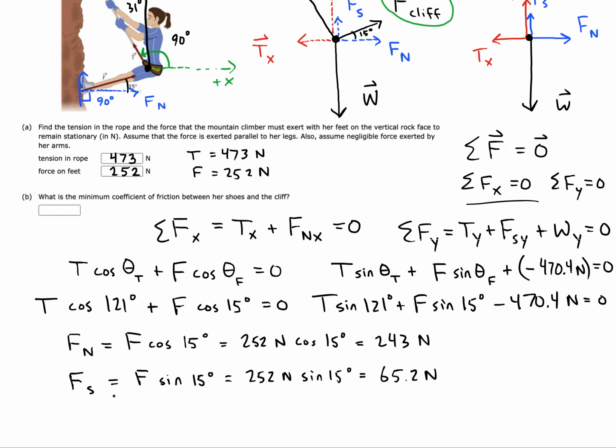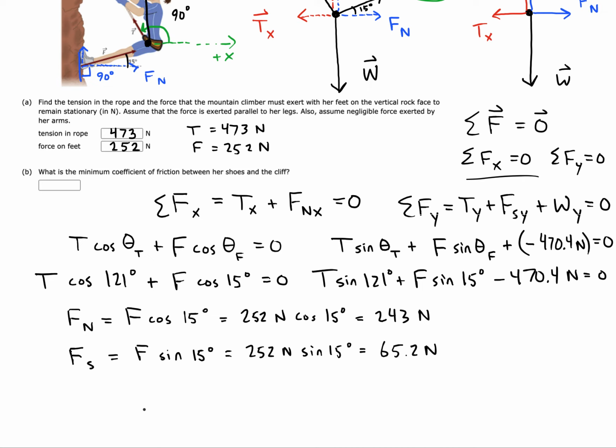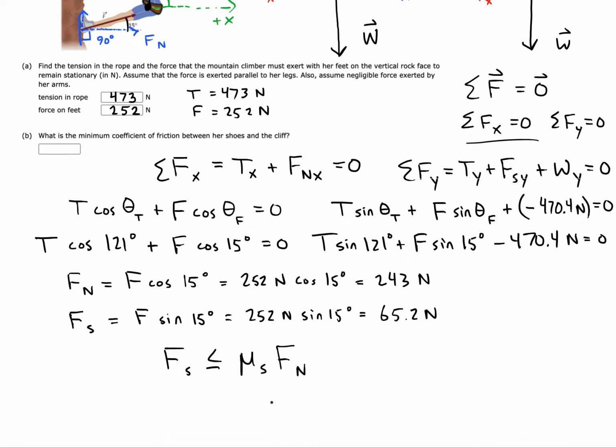Now I find that static friction force because we actually have a formula for static friction. It's that it'll be less than or equal to a static coefficient of friction times the normal force. So luckily, it looks like we have the two things we need in order to solve for the coefficient of static friction. Plug Fs in over here.